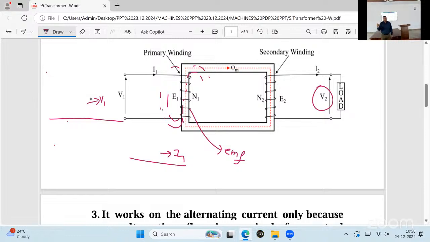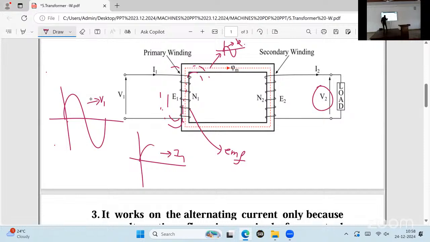Whenever a change in flux links with the coil, coil means primary winding. This is called change in flux. This is called flux. This is called voltage. This is called current. See, V1, I1, flux. Clear to all of you?